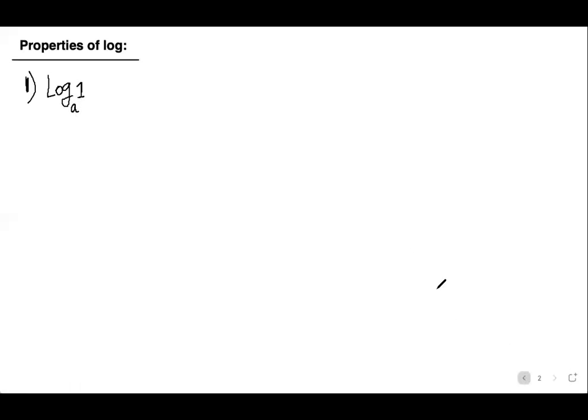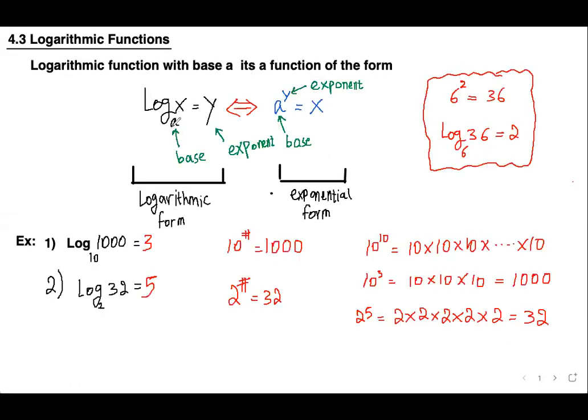By the way, here I forgot an important thing. This x here must be any number greater than 0, and this a must be greater than 0 and not equal to 1.